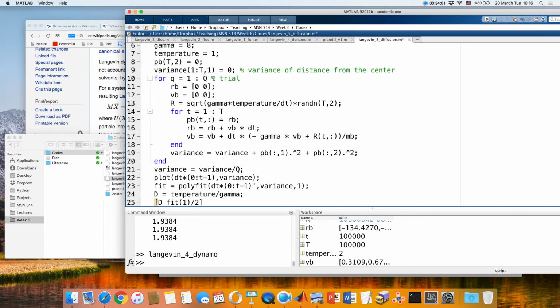I'm doing trials, Q trials, and each time, each trial starts at the center. It's a random walk, right? So I start from the center, I do the random walk, then I put it somewhere, the data. Okay? Then I do another random walk, I put that data somewhere. Then I sum all those data up. Okay? That will give me the probability.